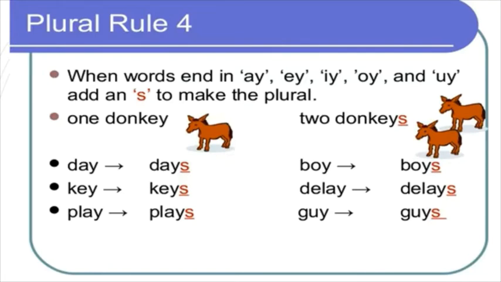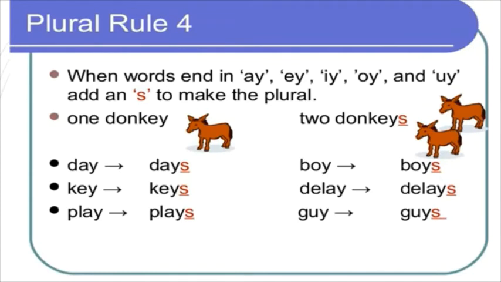Simply, I can tell you that if a singular noun ends with y letter and there is a vowel letter before y. Right? These are the vowel letters a, e, i, o, u. Now, when we translate them into plural form, we have to add only s letter. That is the rule here.